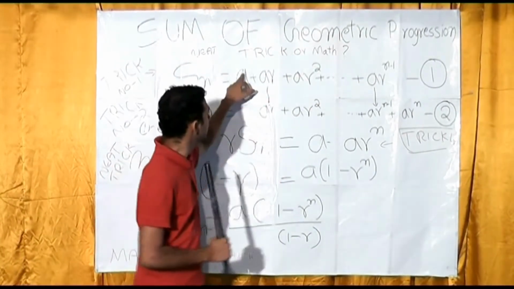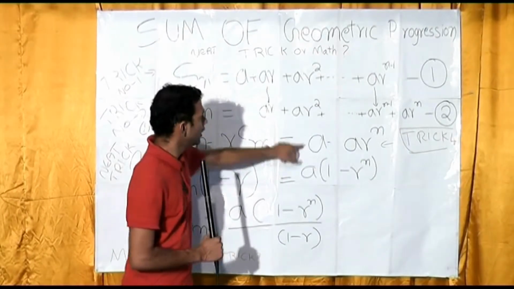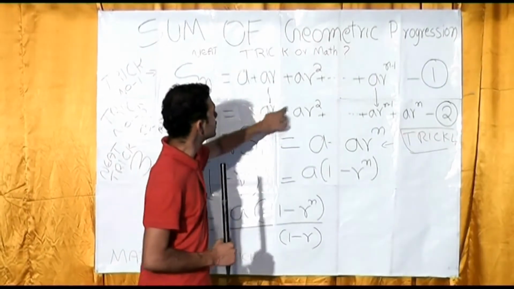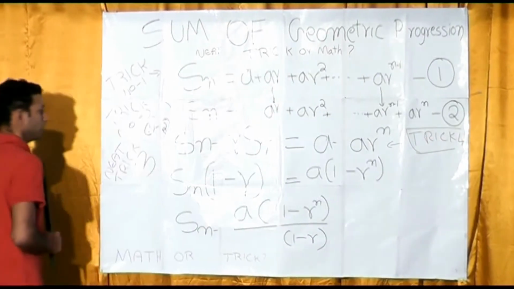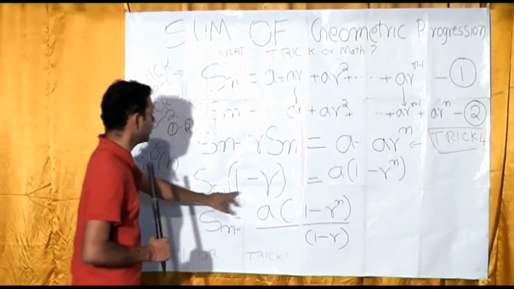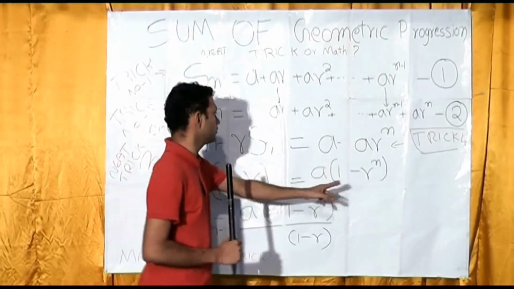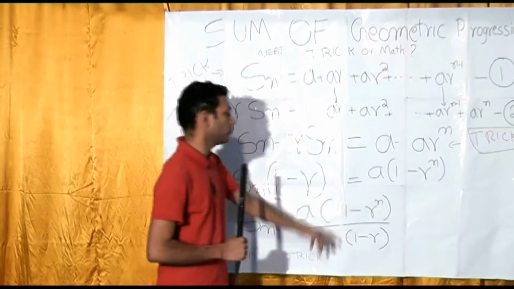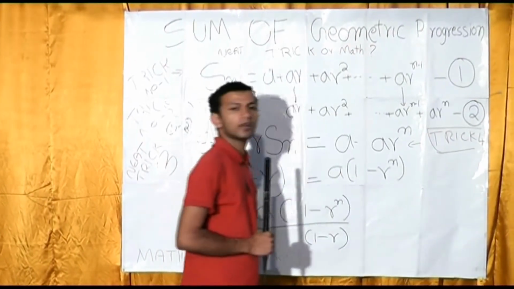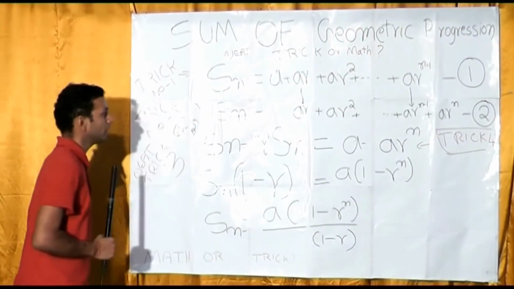You will get a minus ar to the power n, because all the other terms are cancelled. Finally, Sn is common, so Sn times 1 minus r is equal to this, and finally you get the answer: Sn equals a into 1 minus r to the power n divided by 1 minus r.